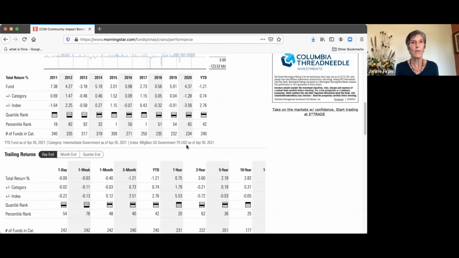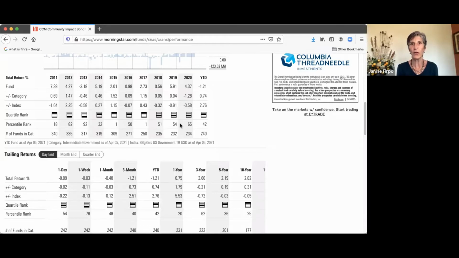And so what index is being used is important, but what's also important, for me anyway, is comparing one bond fund to another bond fund of a similar type. So while I find this information very helpful, what I tend to do, and I'll show you more about how I do this in the tools in chapter 6, is I will tend to find this information for a particular bond, then I will look up and find the same information for another bond, and so on, and compare them in a spreadsheet to see how they compare to each other.